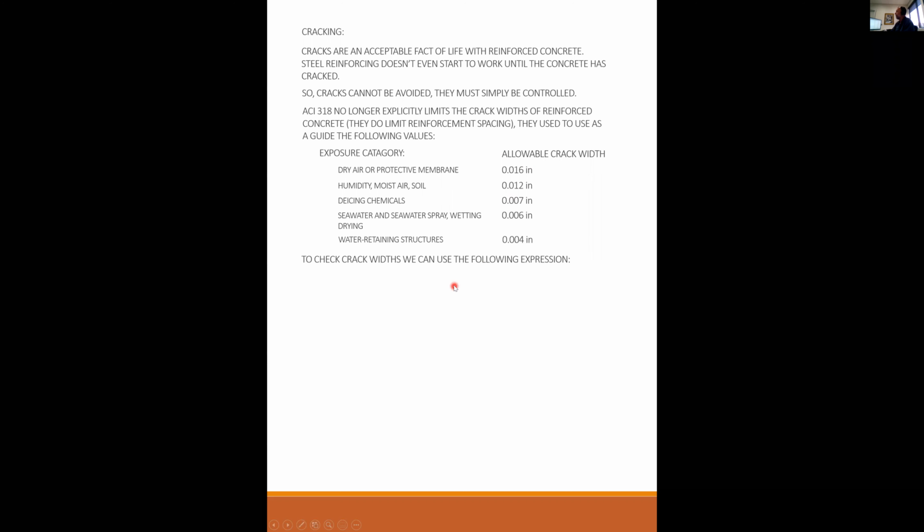But what they used to have is still really useful to check your crack widths. So this is what they used to have. 0.076 beta H f sub s to the third root of dc times A. This was known as the Gergely-Lutz equation.